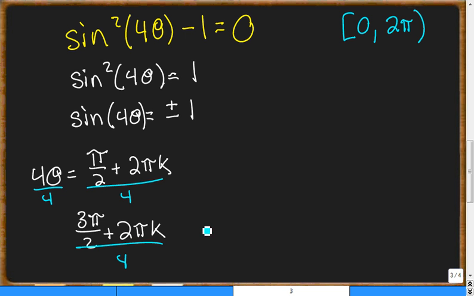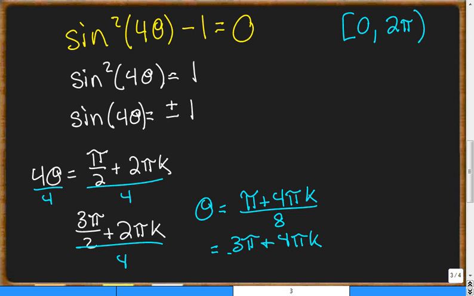And when I do this, I'm going to get theta to be pi plus 4 pi k over 8, and I'm also going to get 3 pi plus 4 pi k over 8.